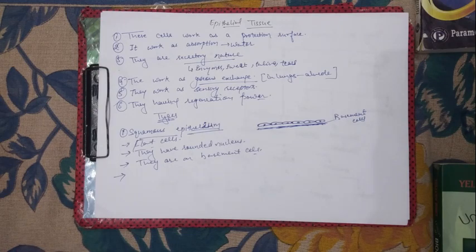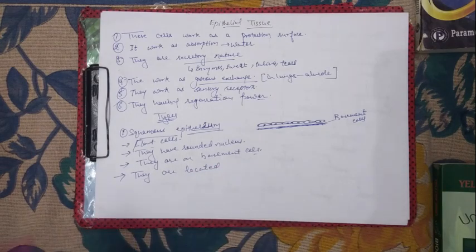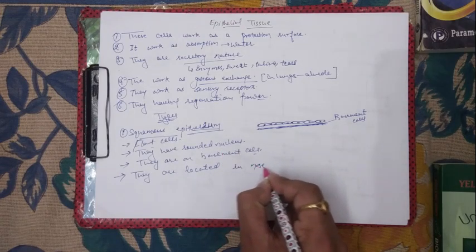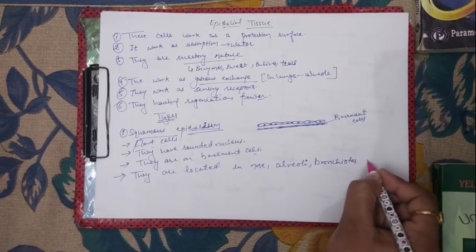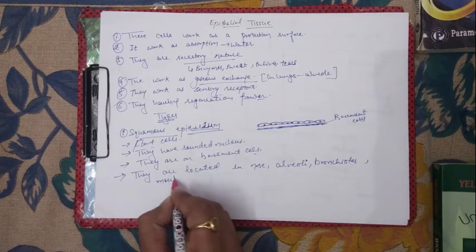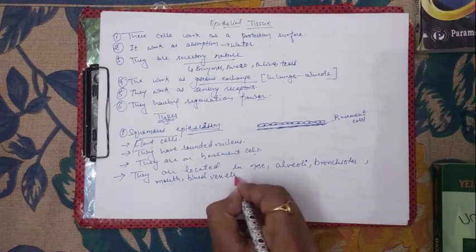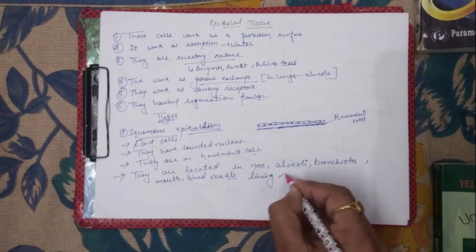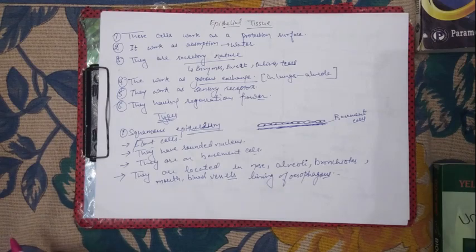Next, they are located in the nose, alveoli, bronchioles, mouth, blood vessels, and lining of the esophagus.